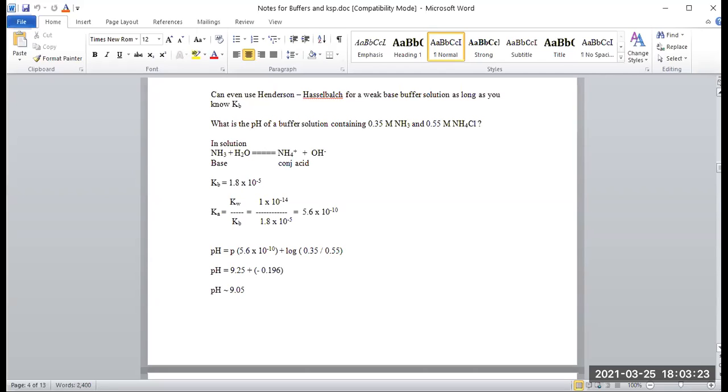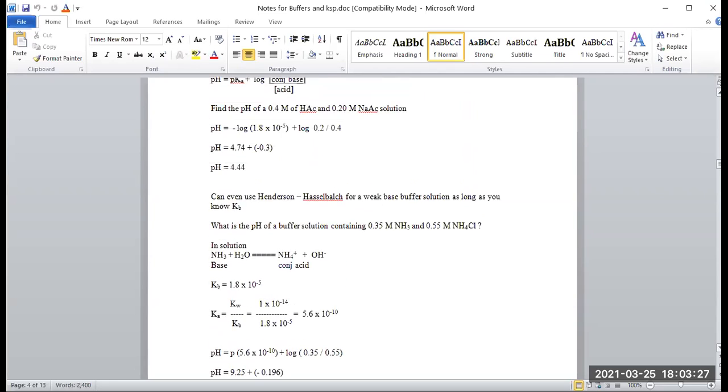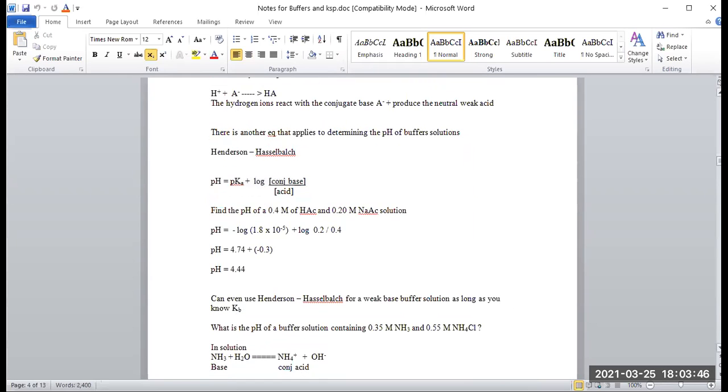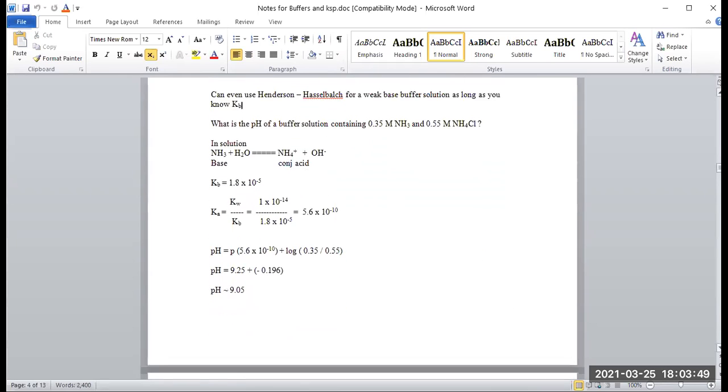However, my equation doesn't allow me to use a Kb. Scroll back up here a little bit. Look at your equation here. The equation that I'm using, pH equals pKa plus log of conjugate base over acid, has to be in that format. So in order to make that work, I'm going to use my variation on a theme.